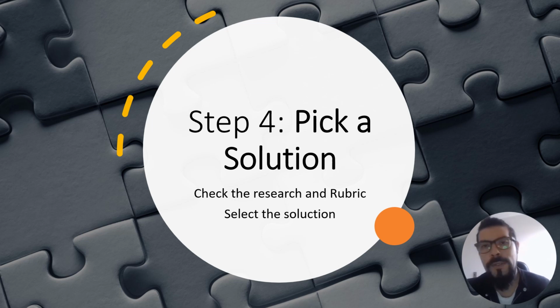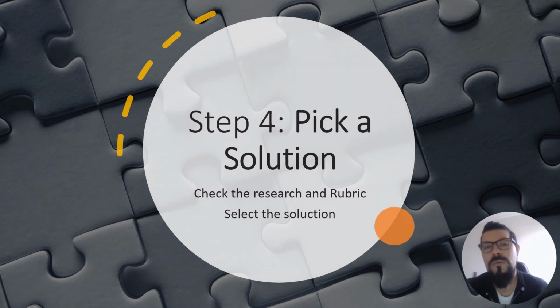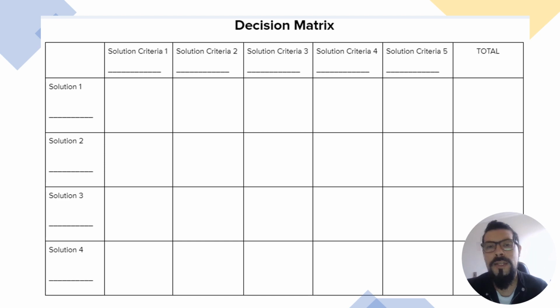Once students have discovered potential solutions after the research, they'll have to pick a solution and work towards this project. So they will check the research and the rubric that you provided at the beginning and select a solution. You can provide students with something like this, the solution criteria, the solution one, two, three, four, whatever they decide, and they can select the best one.